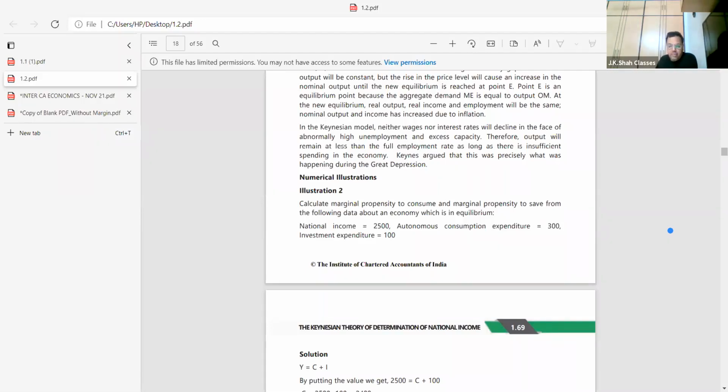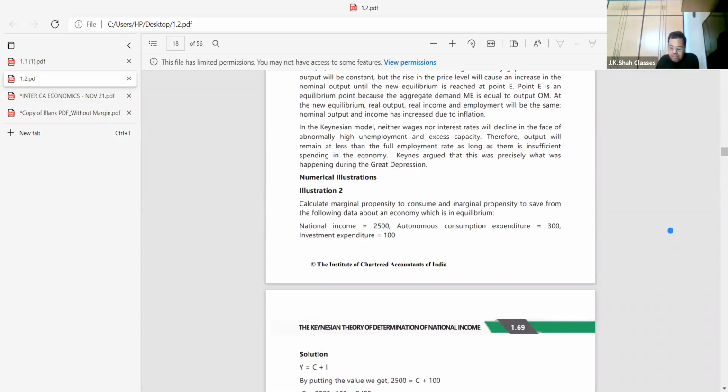When you say an economy is in equilibrium, it means aggregate demand is equal to aggregate supply. That means Y is equal to C plus I. Y is aggregate supply, and C plus I is aggregate demand. Please be very clear, समझो बेटा ध्यान से.